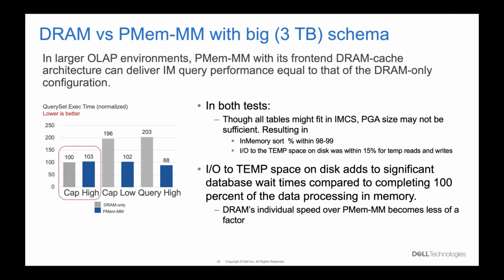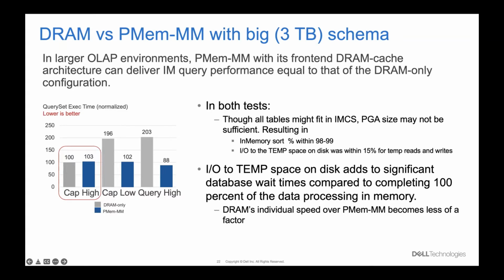And the root cause for that, regardless of the difference in the PGA size, which was 9 times: the PGA size for the DRAM only configuration was 100 gigabytes, and for the PMem configuration was 900 gigabytes.